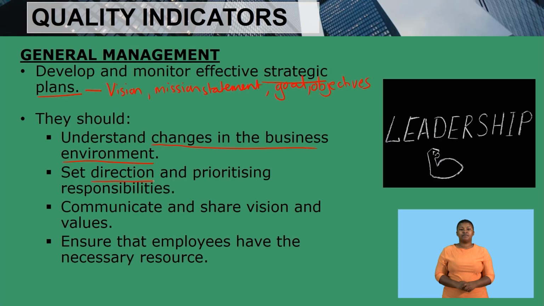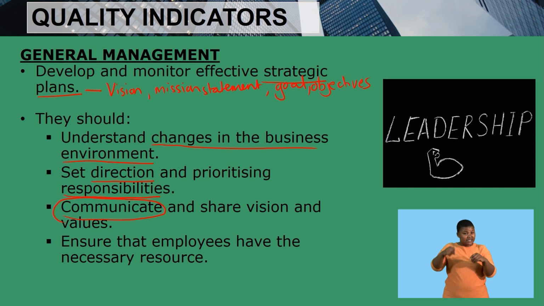The second thing they should do is set the direction and prioritize their responsibilities. So they must make sure that the business is moving in the right direction, that the business is on its way to meet its goals, its vision, its mission and objectives. They must always communicate their vision and values with the employees, so the employees always have a clear picture of what the goals of the business are.